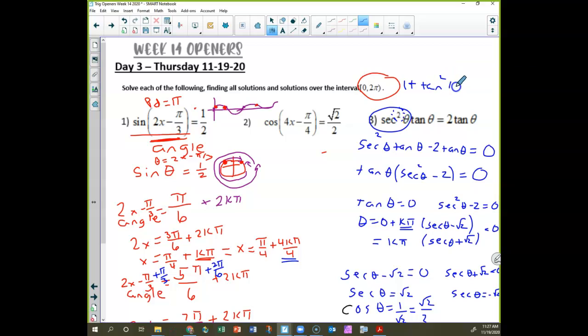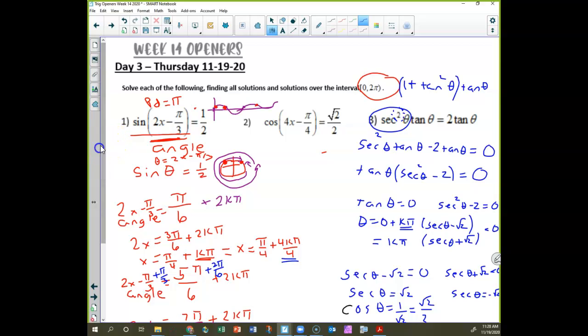So she said, look, I've got 1 plus tangent squared times tangent, and I know how to multiply that out. Now, she still ended up factoring, but just a little bit differently. Multiple ways we can work that problem. Doesn't matter which one you choose, as long as you can choose it, come down to the end, and get things that work.